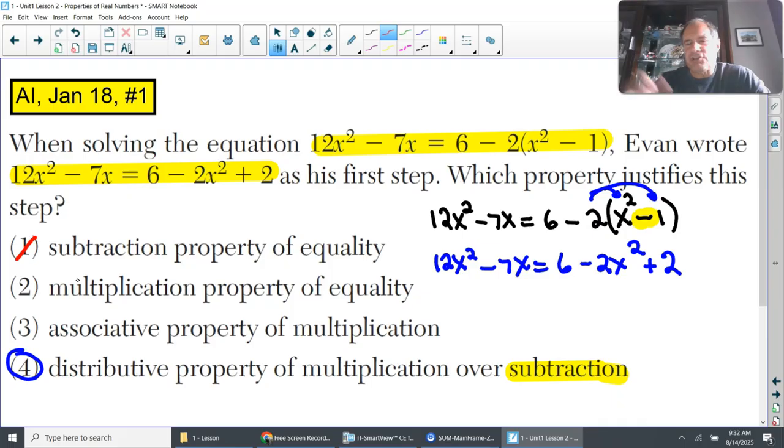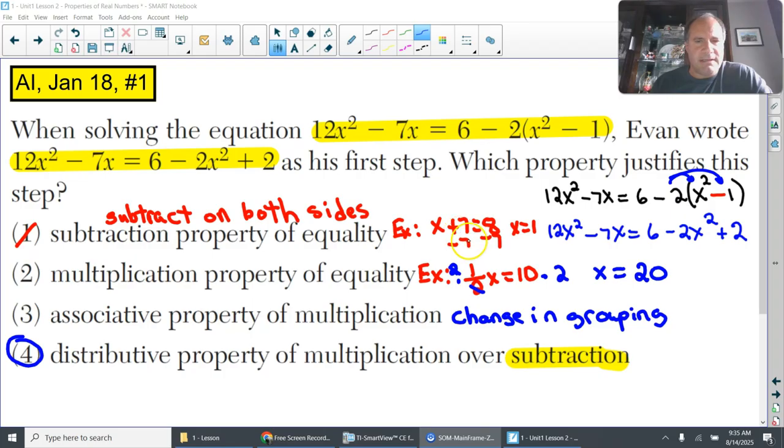Associative property is just the changing of the grouping. And I just put some examples here. Subtraction property of equality, we haven't gone over it yet, but x plus 7 equals 8. When you subtract on both sides of the equation to isolate the variable, it's x equals 1. This is the subtraction property of equality.